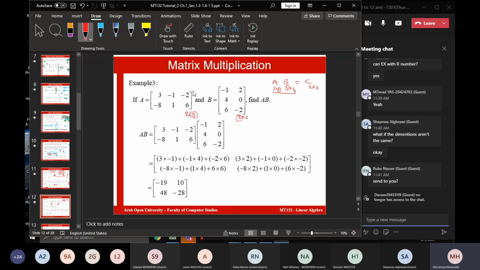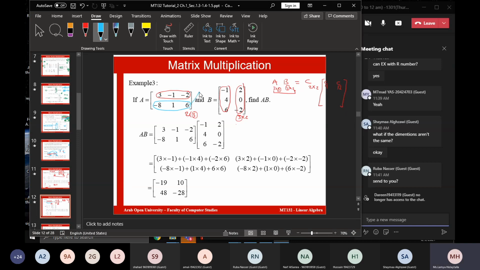Okay. How do we proceed? How do we do the multiplication? A row times this will give me the first value, correct? It will give me C11, and then with this one it will give me C12. And then after that I move here.